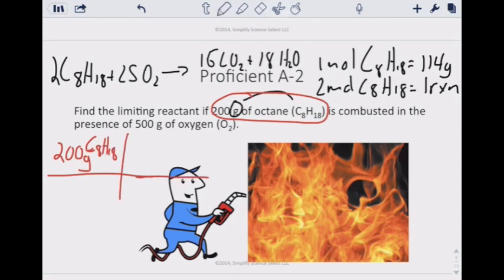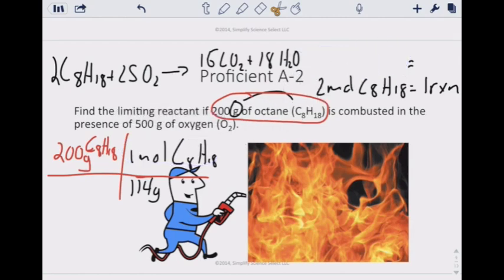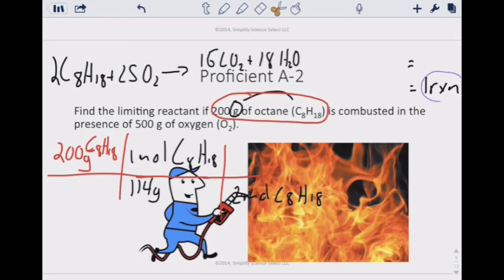Set it up, and then we start plugging everything in. 114 grams in 1 mole, and then we cancel out moles in one reaction. And what we'll get here is it'll produce right around 8, or it's not 8, but 0.877 reactions.